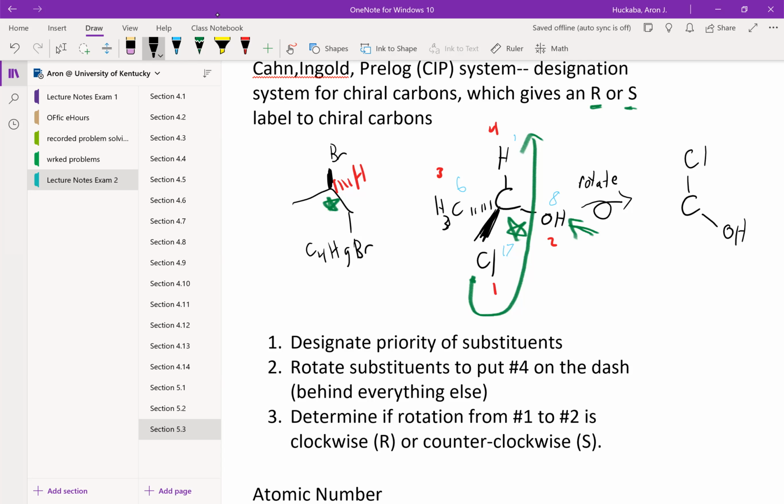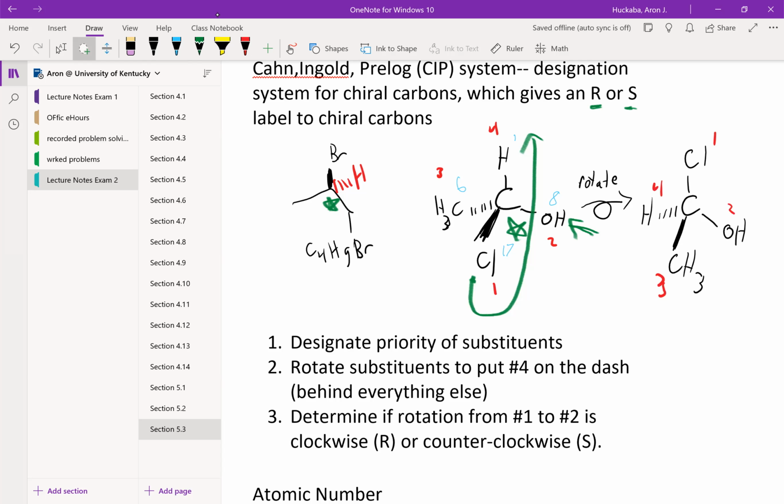The methyl group, which was once on a dash, is now going to be on a wedge. And the hydrogen, which was once on the normal bond on top, is now going to be on the dash. Great. So we have our substituents 1, 2, 3, 4 in the proper place.